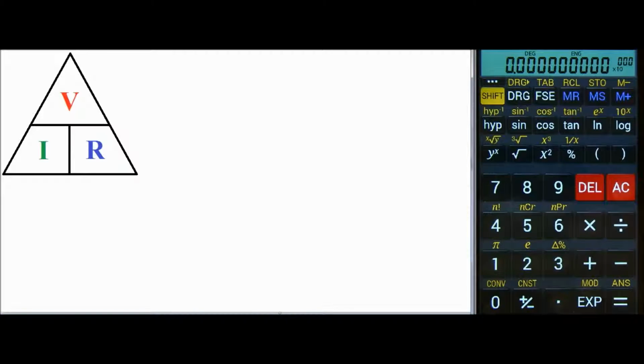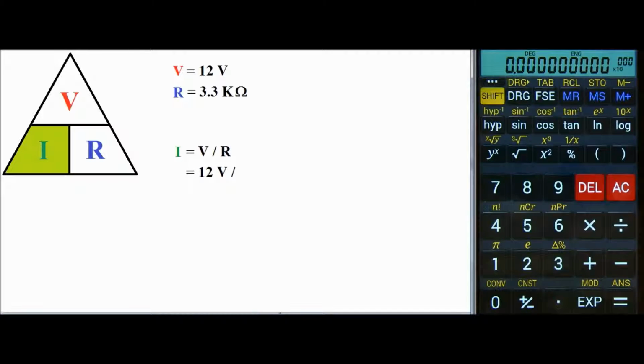Let's go ahead and look at some current problems. If we have a circuit that has 12 volts and has a total resistance of 3.3 K, what we do is we cover up I, and that gives us I equal to voltage divided by resistance.